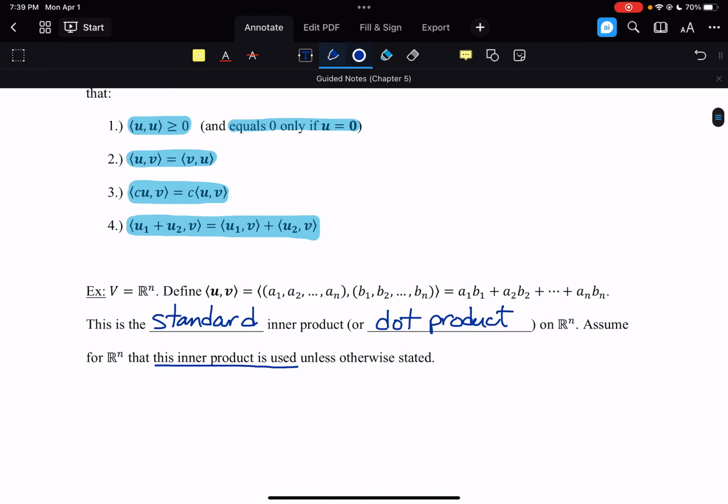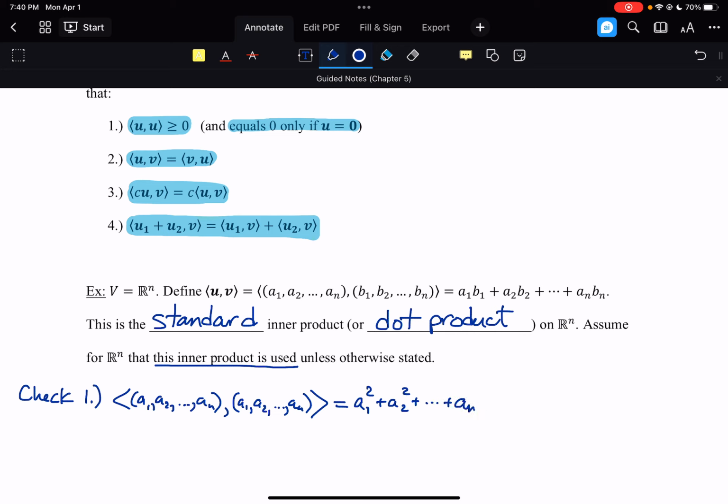If you want to verify the properties of the dot product, for example, let's check property 1. We take a vector a1, a2 through an, inner product with itself, or dot product with itself. We multiply the corresponding components and add, so that's a1 squared plus a2 squared, and so on, all the way to an squared.